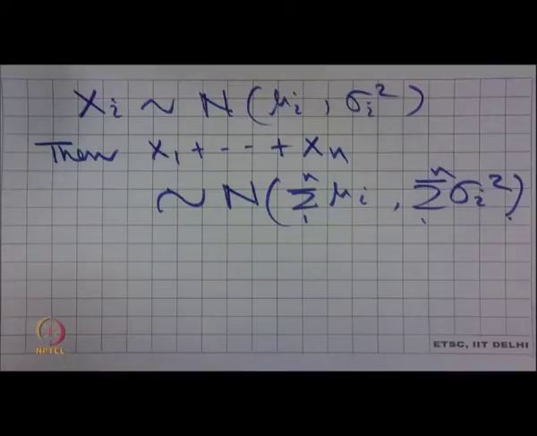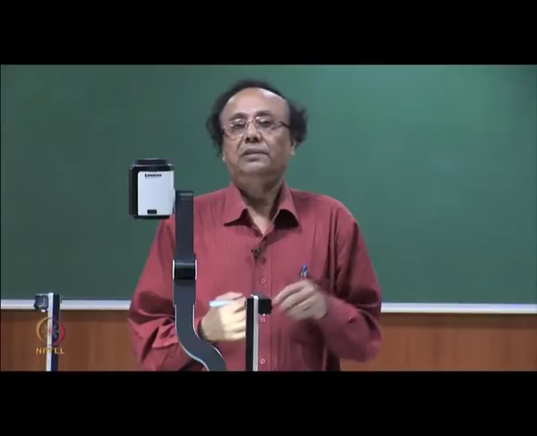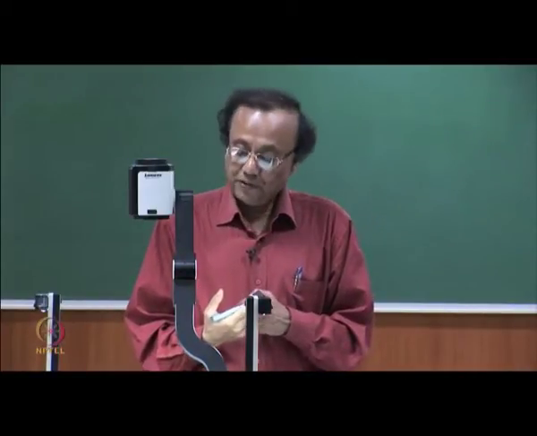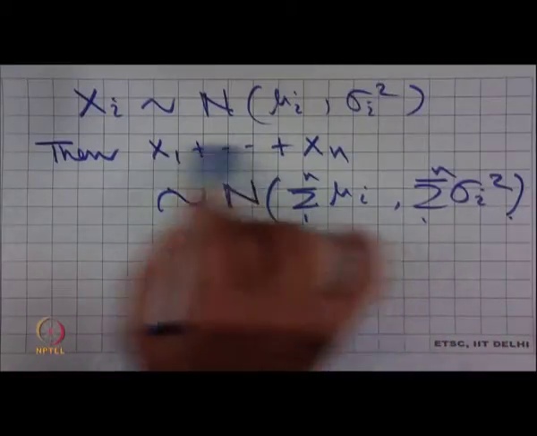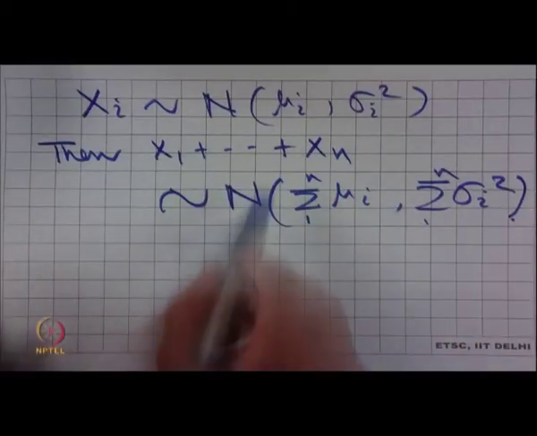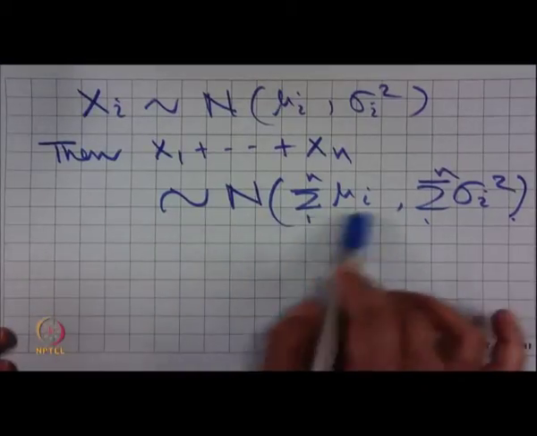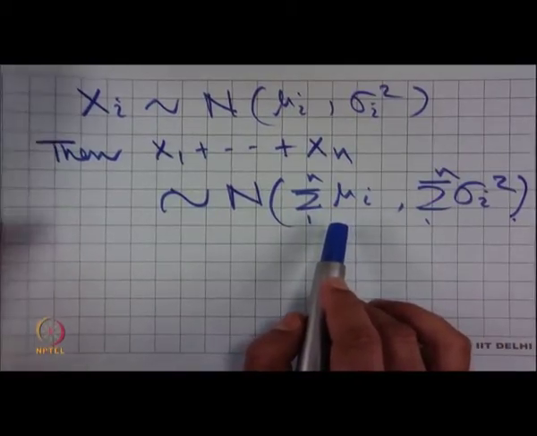So, this is a very strong result, and that helps us a lot, because when we are taking samples from a population, we know that if the sample size is large, we can sort of approximate it with normal, and not only that, we can find the distribution of the sum of the samples, and therefore, from here we can calculate the sample mean, and we can see that sample mean will be distributed as normal as well.